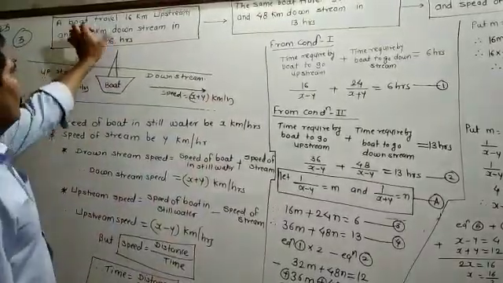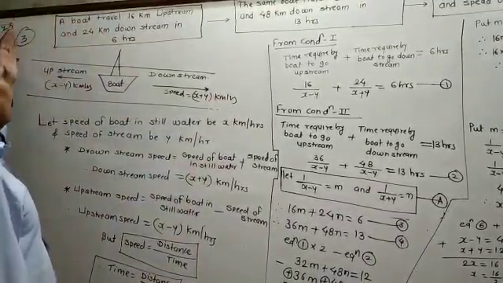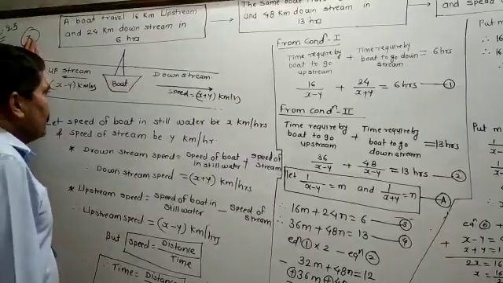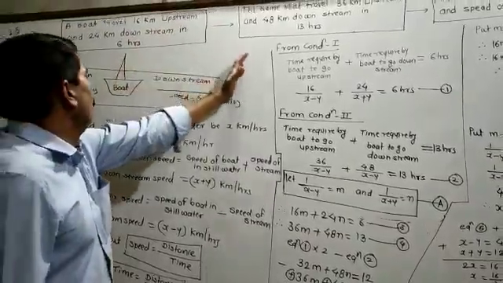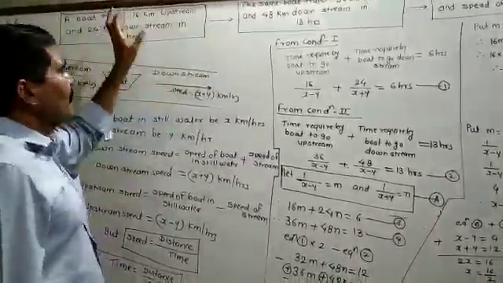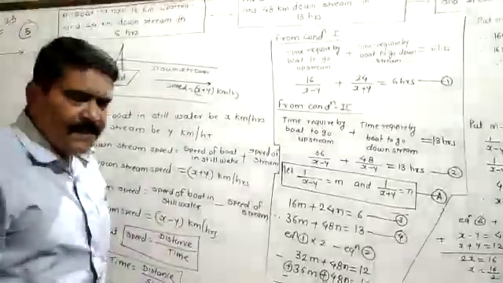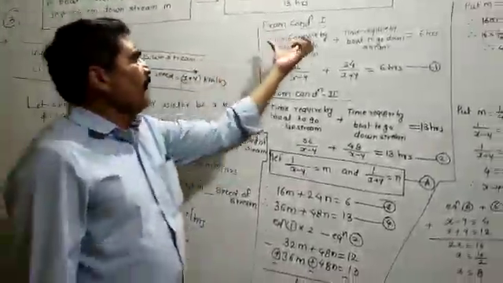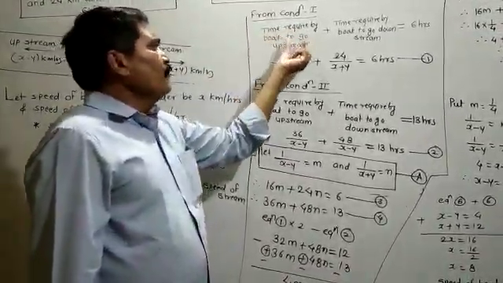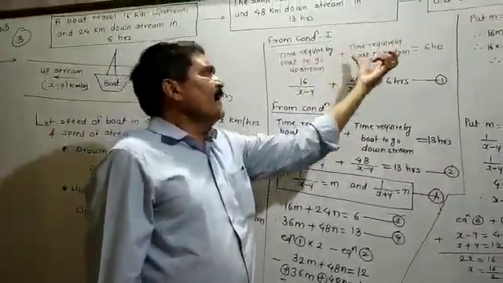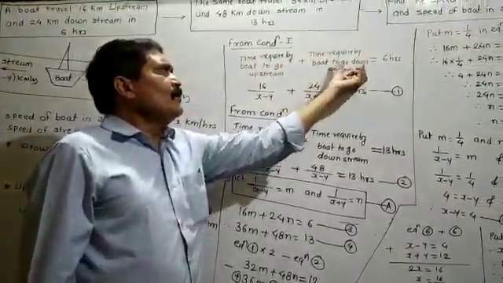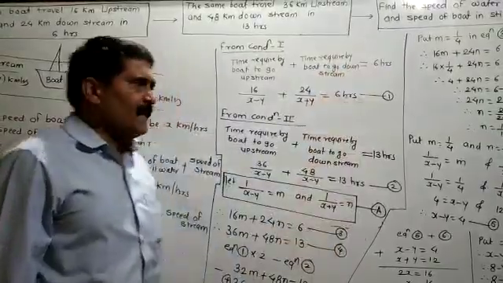Means this is the first condition. Upstream that boat will go 16 km, downstream that boat will go 24 km and time required for that is 6 hours. Then time required by the boat to go upstream plus time required to go downstream is equal to 6 hours.